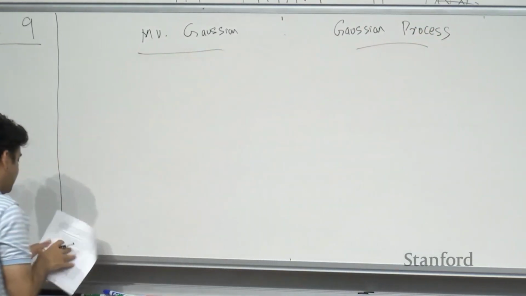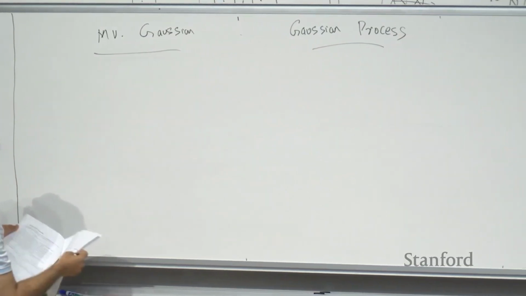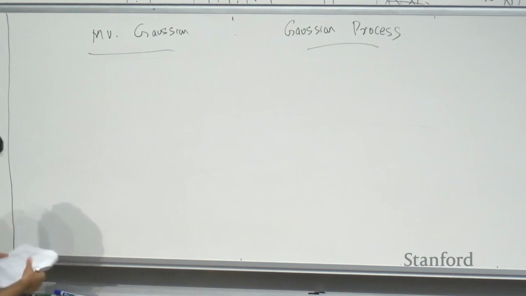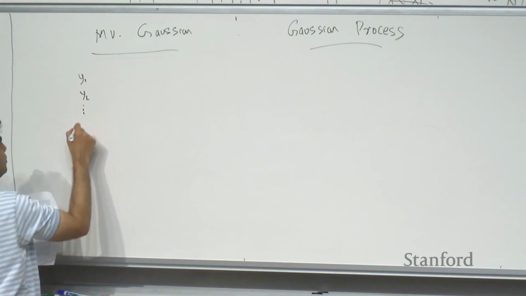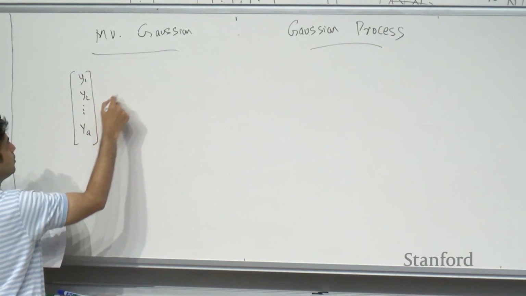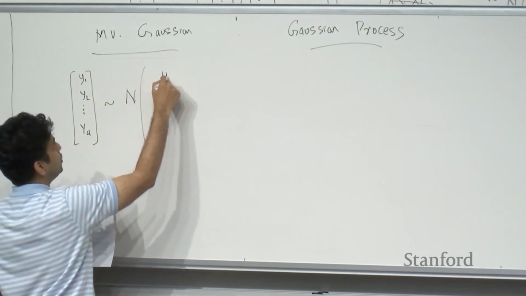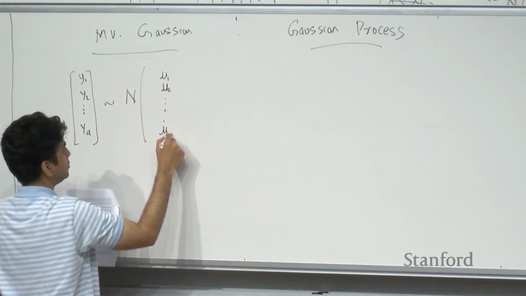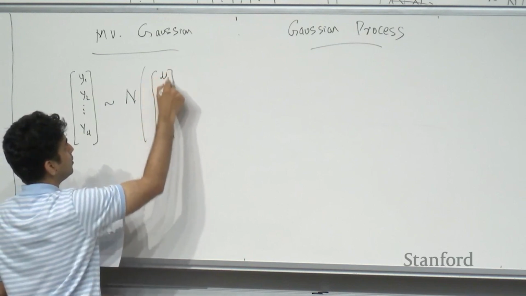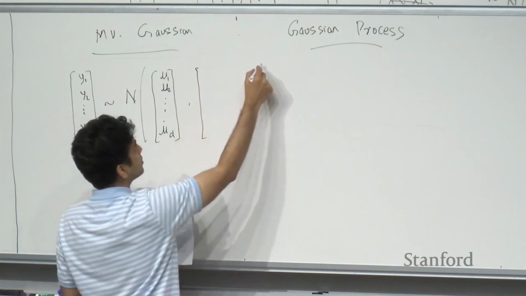In the case of the multivariate Gaussian, we had say y1, y2, up to yd distributed according to some normal with mean mu1, mu2, up to mu d and some covariance.